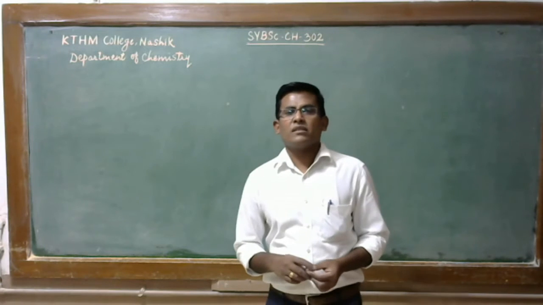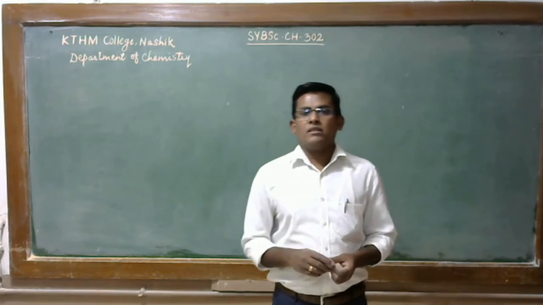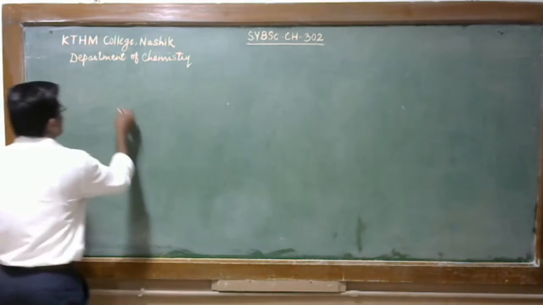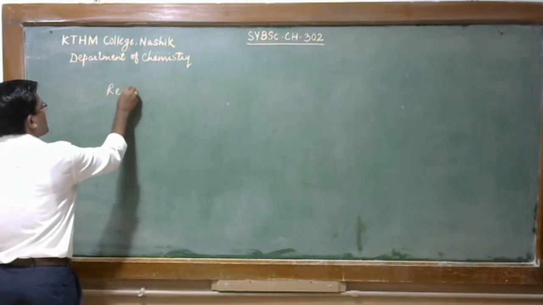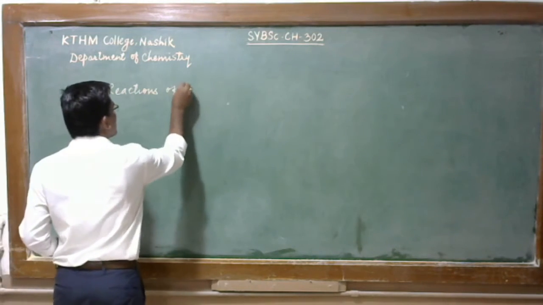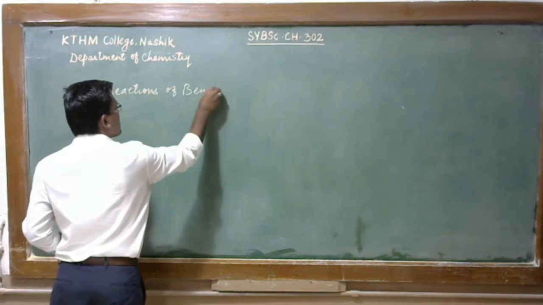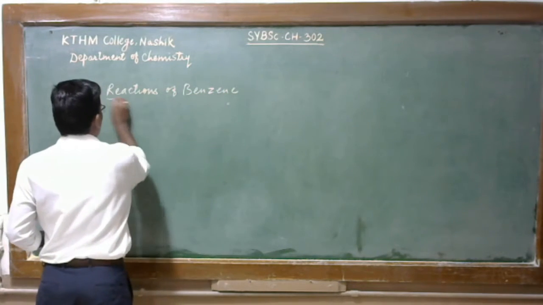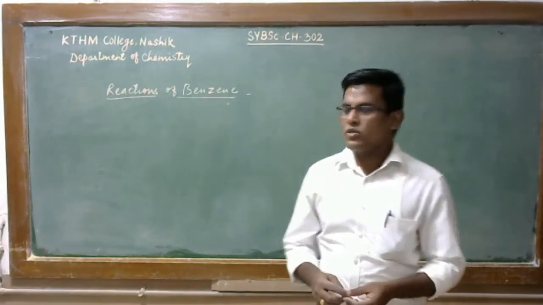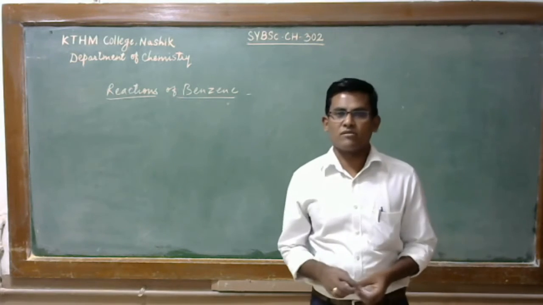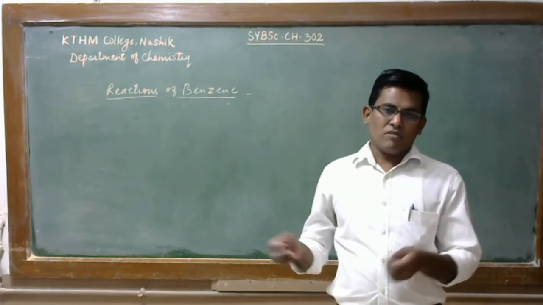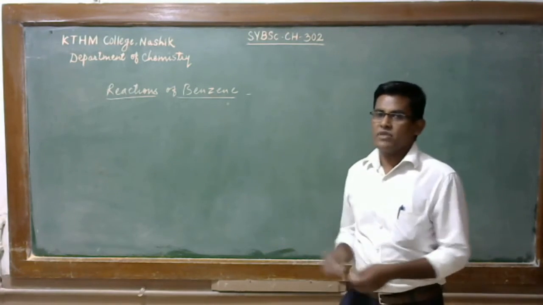So in today's lecture, we will see the various reactions of benzene. As I mentioned before, benzene is having 6 pi electrons. There is a presence of pi electrons above and below the plane of the benzene.